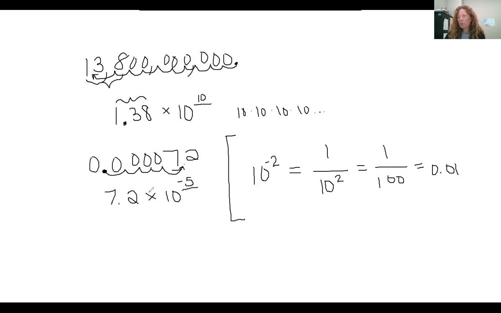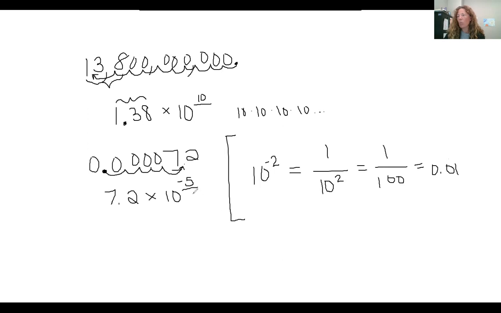So if I'm multiplying in my scientific notation number by anything with a negative exponent, I'm multiplying by a fraction where the top is 1 and the bottom is some really big number. In other words, I'm multiplying by a decimal, a very small number. In the case that we have here, it's -5, so this would actually be even smaller.